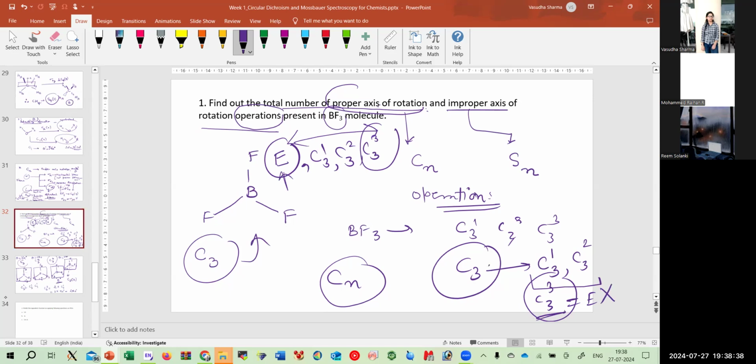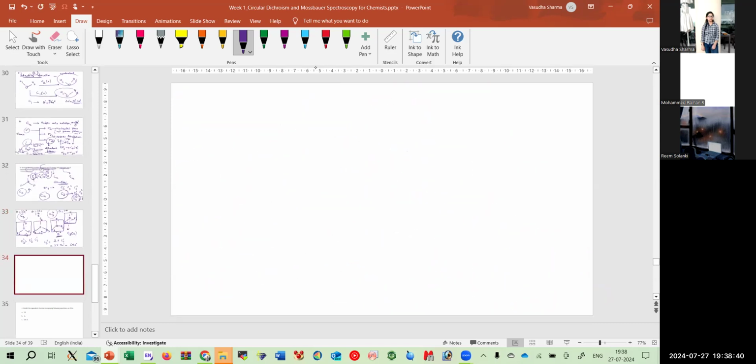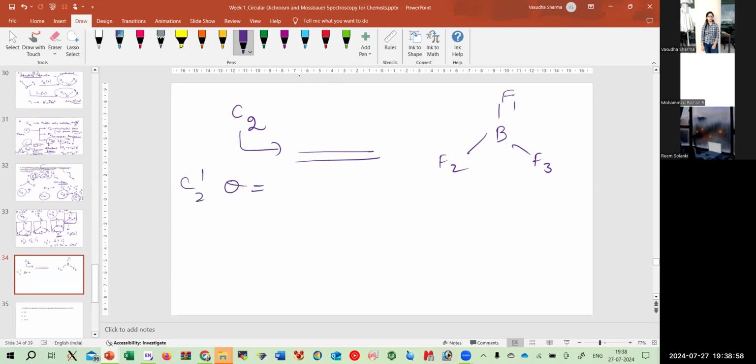Similarly, if we do it for C2, again you have BF1, F2, F3. Now tell me how many operations are possible for C2. How is C2 defined? C21 defines theta equals 180. So give 180, and what will you get?